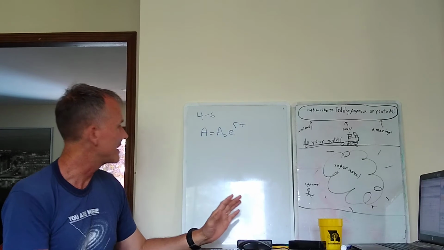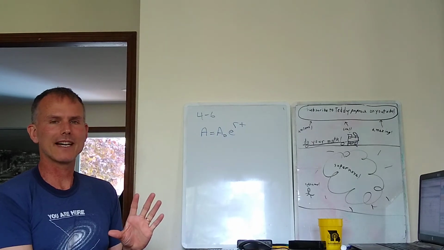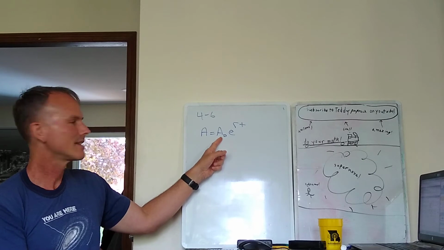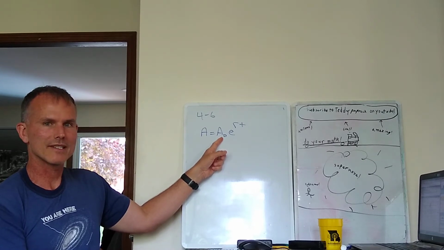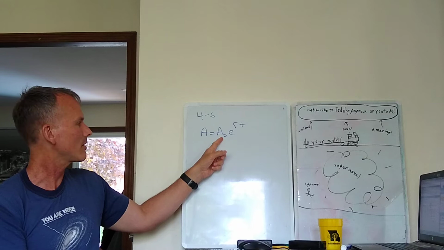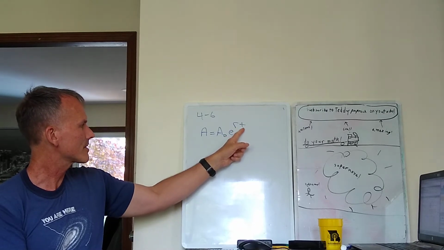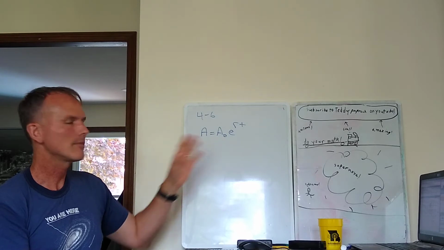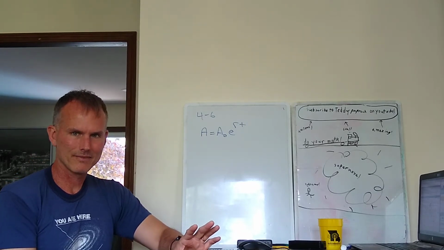I don't know an initial and a final amount, but I do know that whatever my initial amount is, the amount of birds that I start with, it'll take 10 years for it to double. So I can make up whatever initial amount I want to.